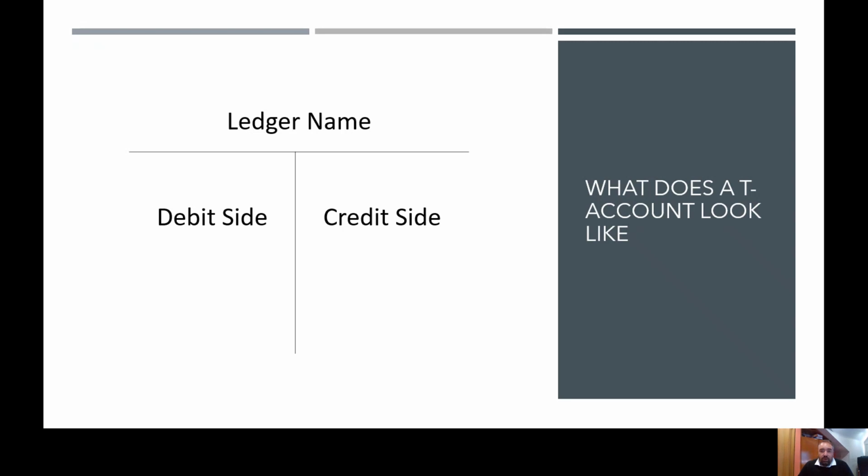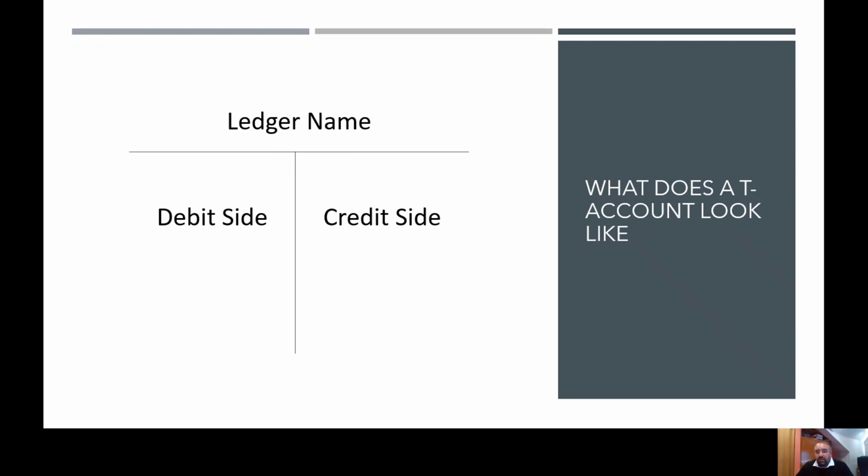Okay, so what does a T account look like? Now, these T accounts are key for the assignments, as this is the format in which most answers will be. So we've got a T account. That T account has to have a ledger name. Now, for that ledger name, there's no set list, although there's a more or less default list of the types of ledgers that you can have.